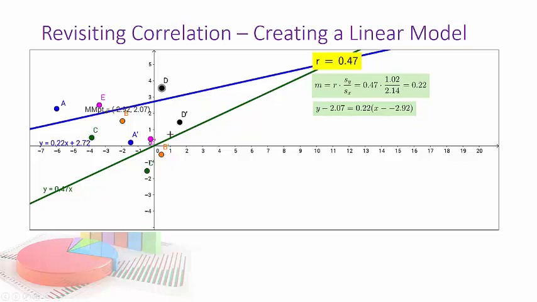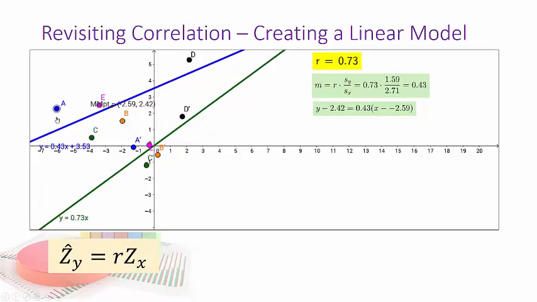So I can go backwards, put in the actual standard deviations, and figure out the slope of my original line. Basically, the number of standard deviations in y is related to the correlation times the number of standard deviations for x. So there's a very strong relationship there.